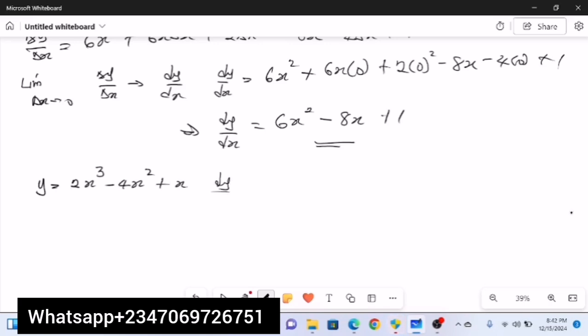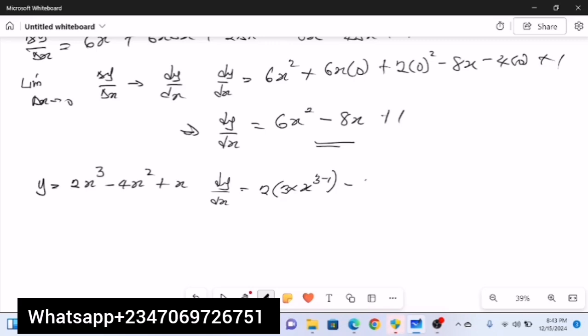Therefore, dy over dx is equal to, remember from the power rule, you use the power of the variable to multiply the variable, then you subtract 1 from the power. So I'll pull out 2 since 2 is a constant, and in this case is multiplying. Now the power of x there is 3. I will use 3 to multiply x to the power of 3. Then I will simply subtract 1 from the power.